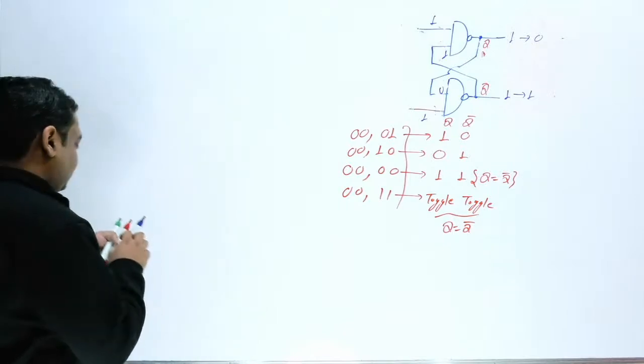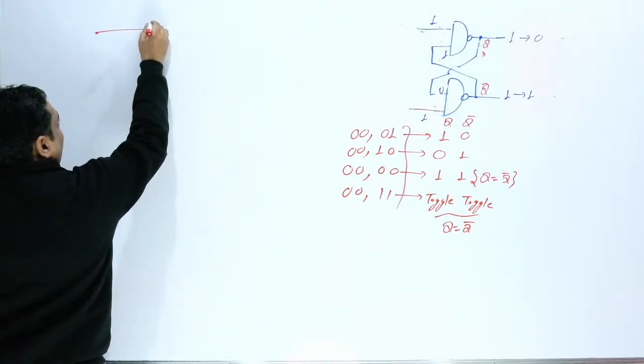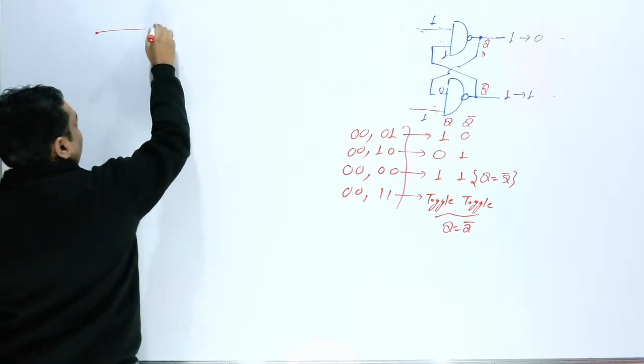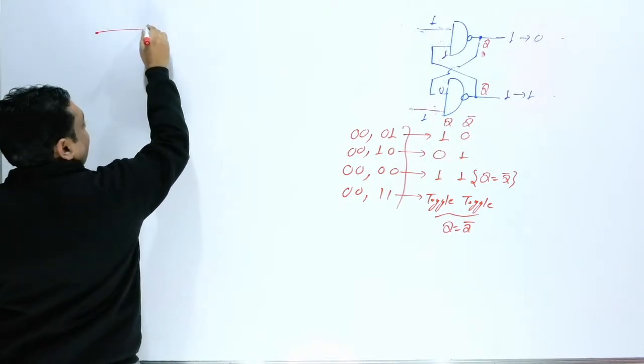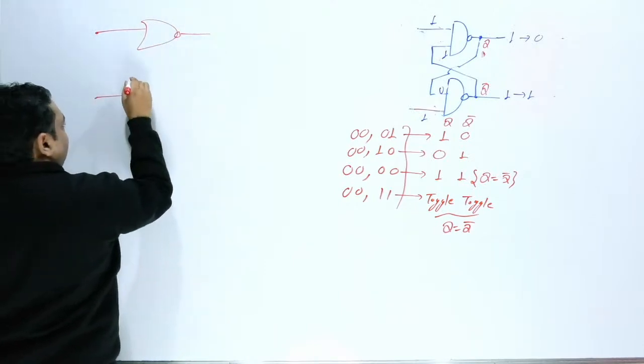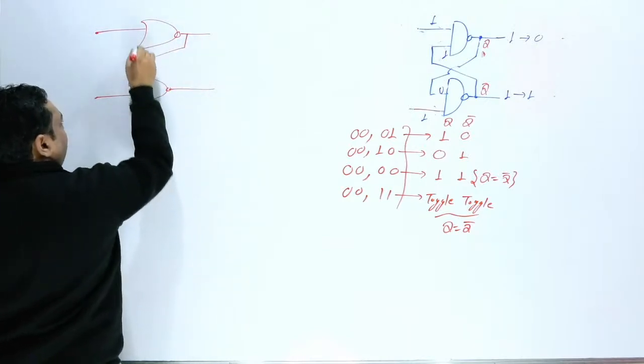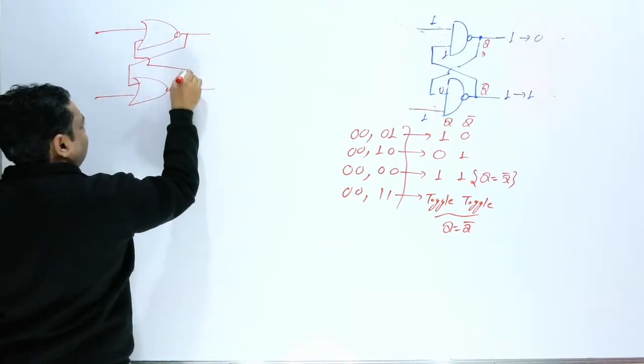Now, another question. Suppose this is a NOR gate, and this is a NOR gate, and they are cross coupled. I am not going to use a clock; I am just going to use it as a latch.